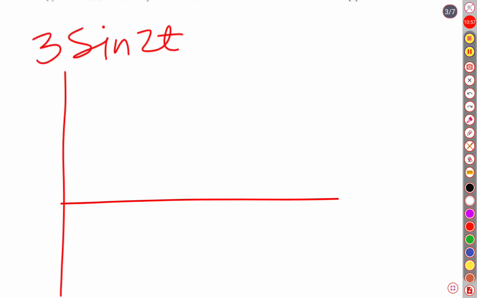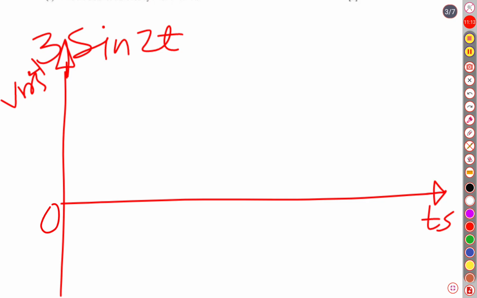This is our horizontal axis, t seconds, and on the vertical axis we will write v meters per second. This is the origin, 0.